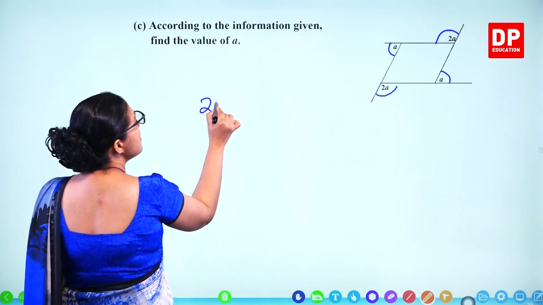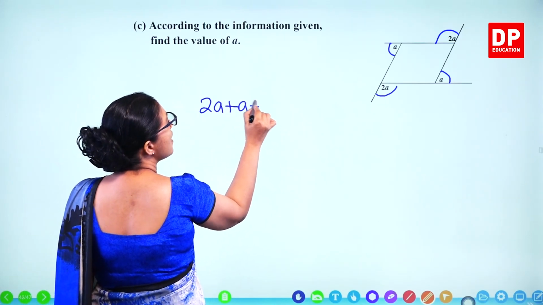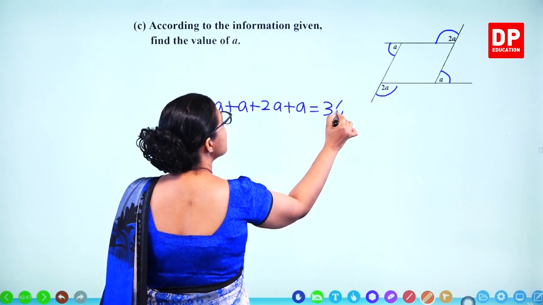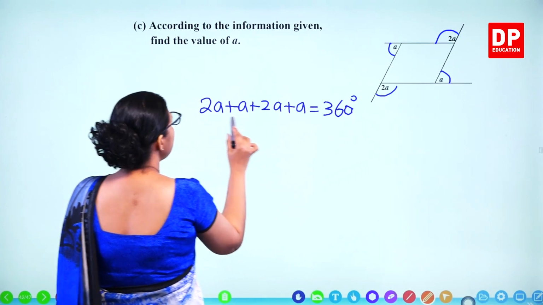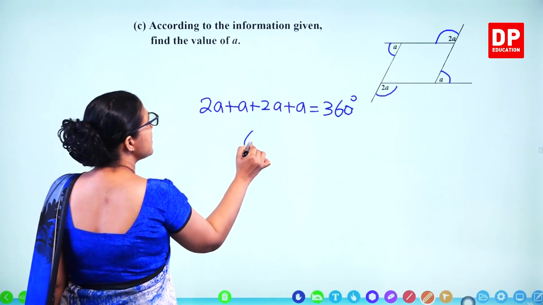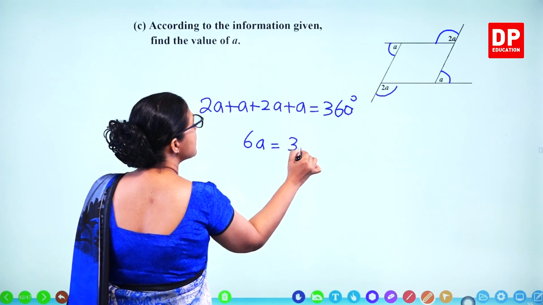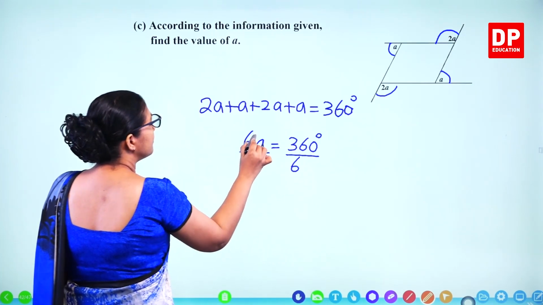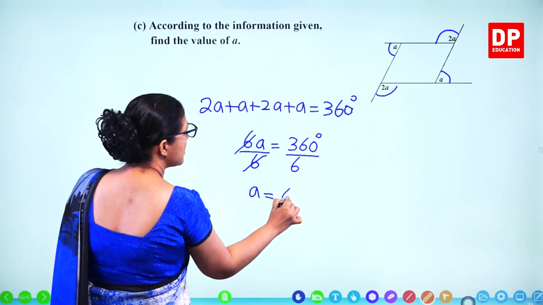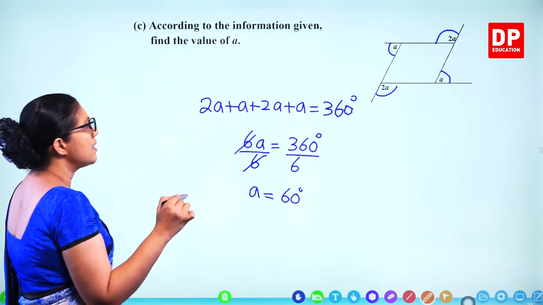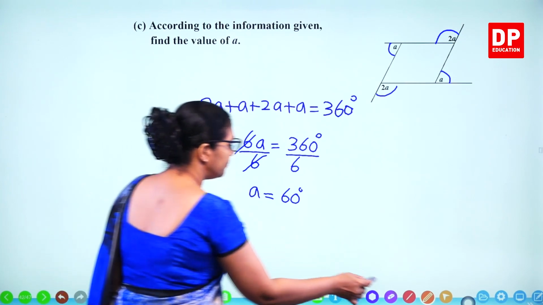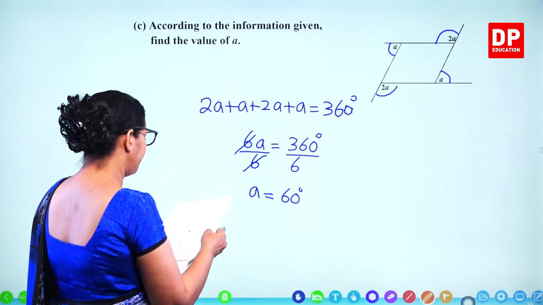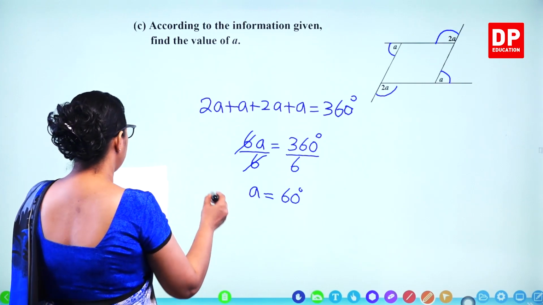So just add it. 2A plus A plus 2A plus A. That's 360 degrees. 2, 3, 4, 5, 6. 6A is 360. Divide by 6. You are getting A equals 60 degrees. So you are getting 3 marks for that.